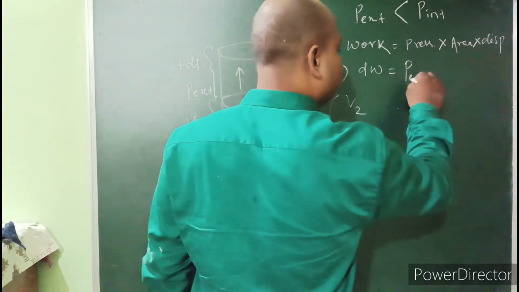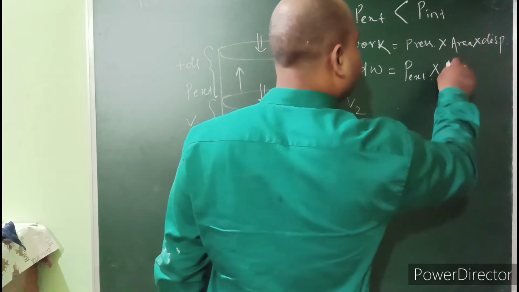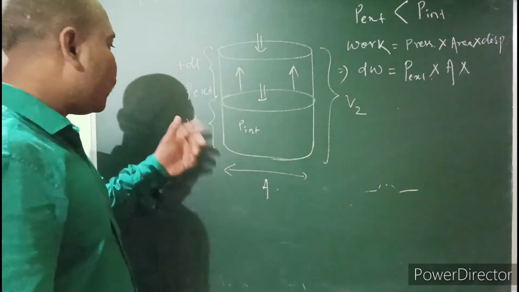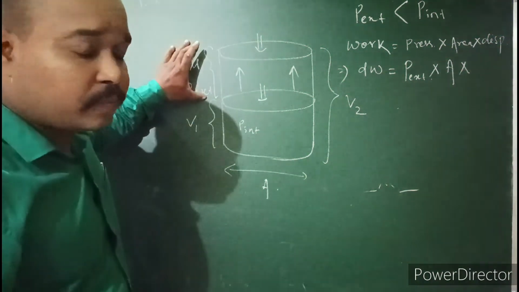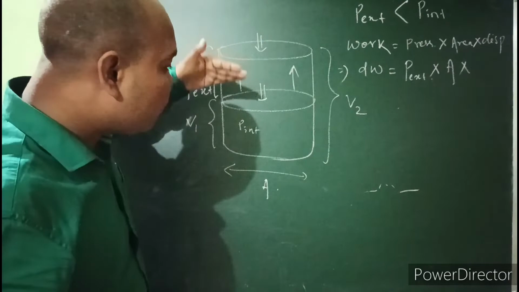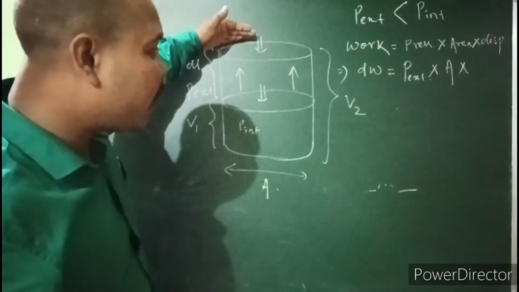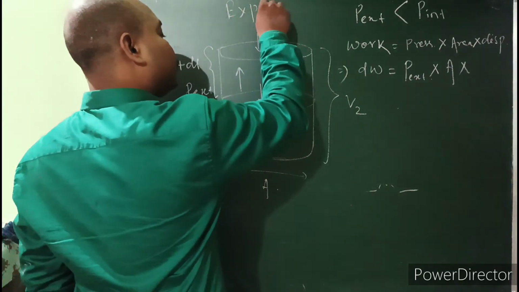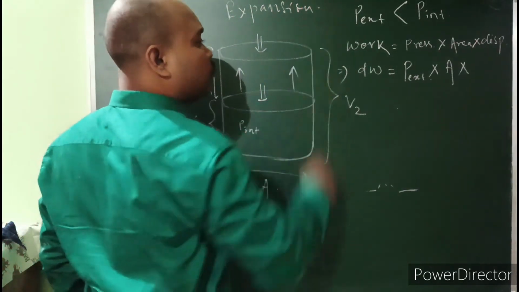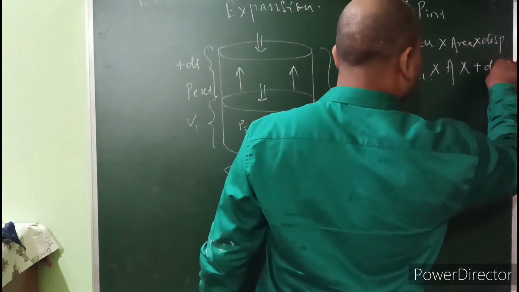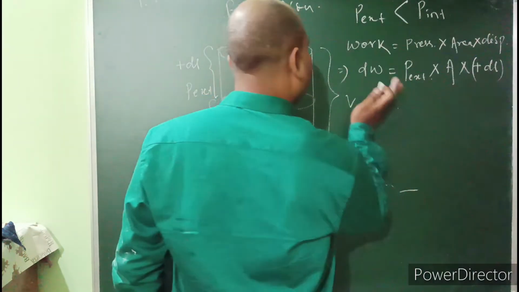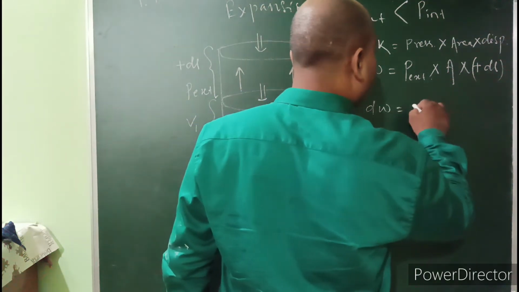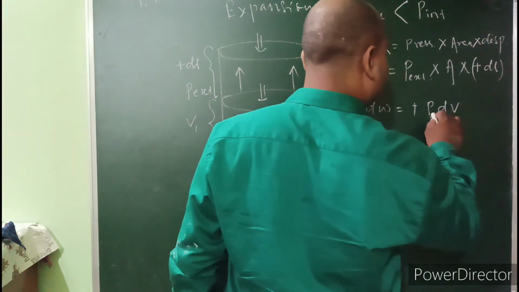Pressure is due to the external and area is A. We are finding that there is a positive displacement of the piston moving from lower level to higher level. This is called expansion. That's why it is considered as plus dl. Now our formula becomes dW equals to plus P dV.